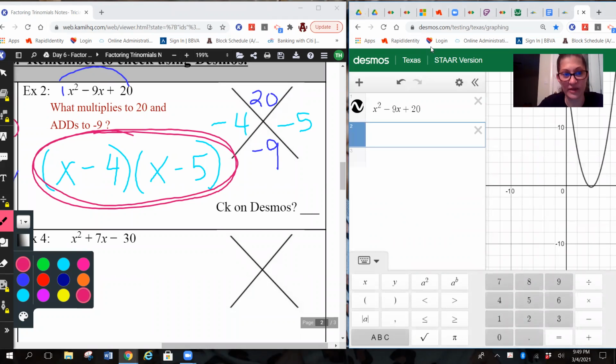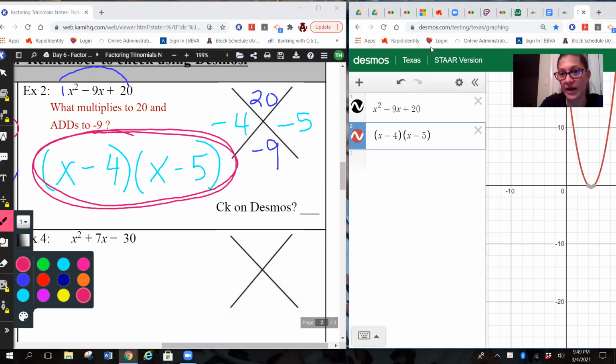Okay, and we type in the expression that we got for the factors. And notice red and black overlap. So now we can say we have checked it on Desmos and it does match the graphs.